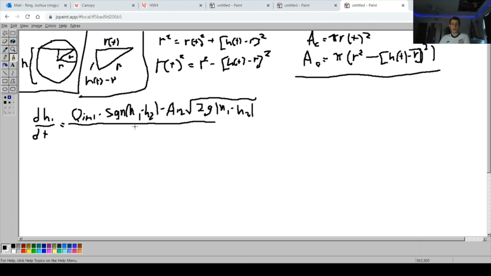And now, as I mentioned prior, we are dividing by the cross-sectional area, either cross-sectional area 1 or 2.